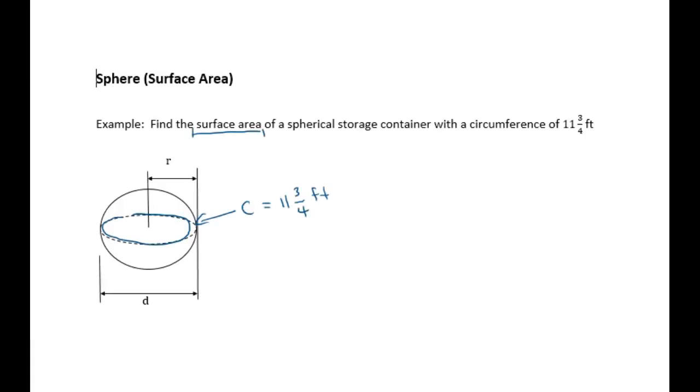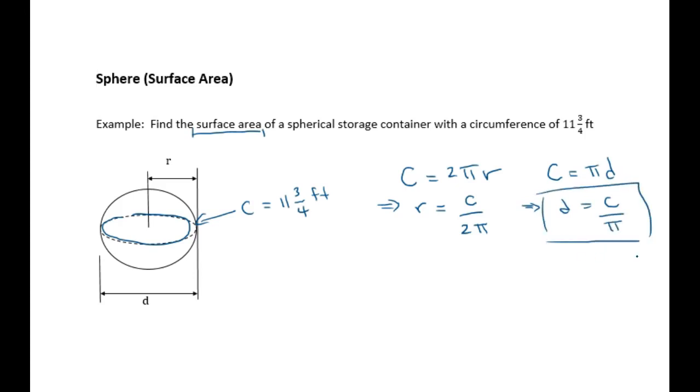Circumference is 2 pi r, which means if you rearrange this formula, radius is circumference divided by 2 pi. If you use circumference is pi times diameter, then diameter is your circumference divided by pi.